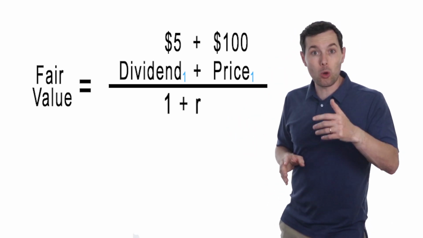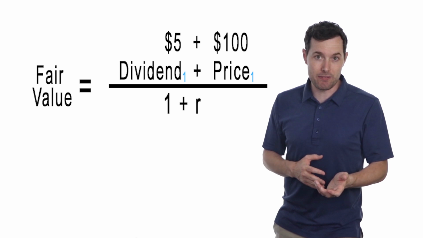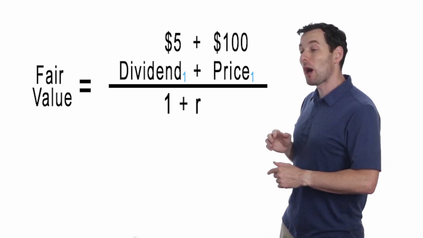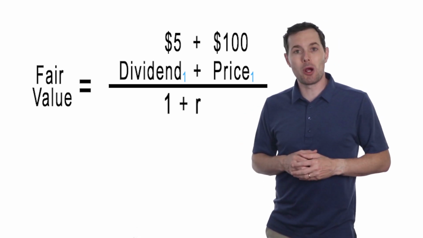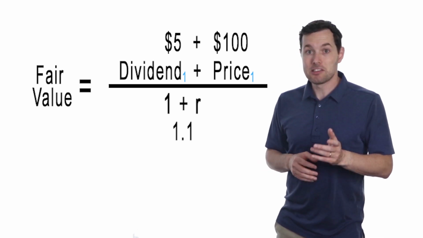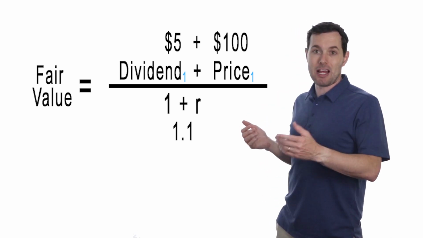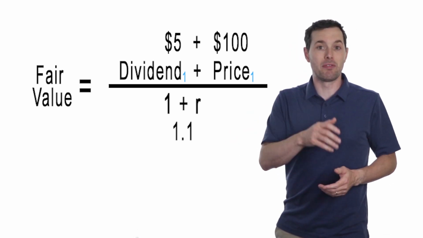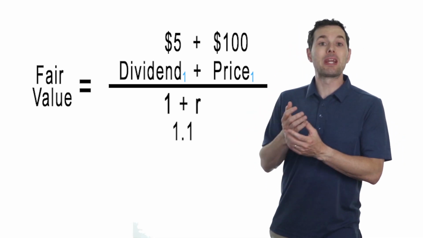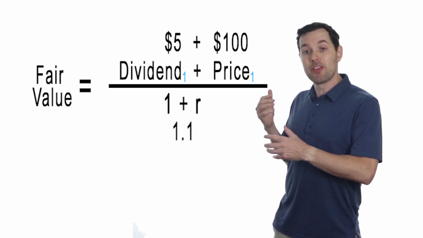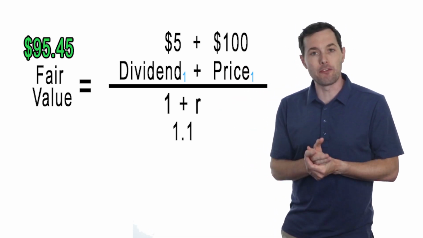That will give us a total amount coming in of $105. Now let's pretend that our required rate of return is 10%. So at the bottom, we're going to have 1.1. That represents 10%. If it was 5%, it would be 1.05. With some basic math, we can calculate that the fair value of this stock is $95.45.